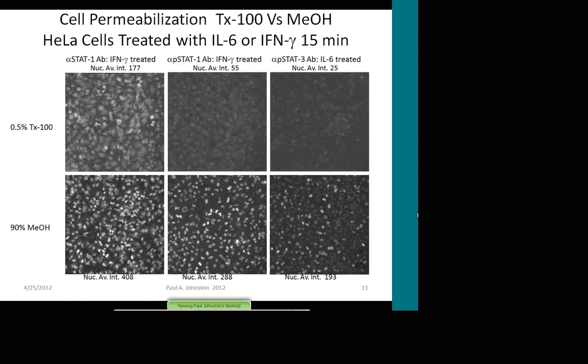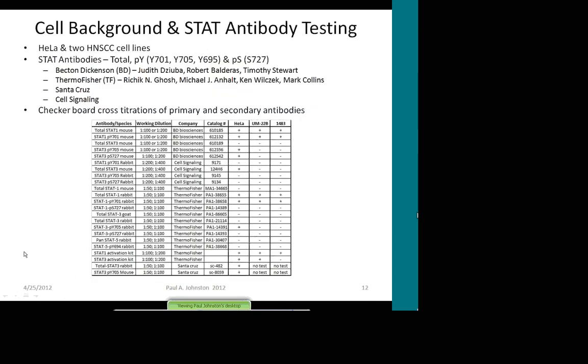Here I'm showing you three different antibodies that we tested, with our standard permeabilization method, which is 0.5% Triton X-100, versus 90% methanol. You can clearly see that permeabilization with the methanol provided a much stronger signal.